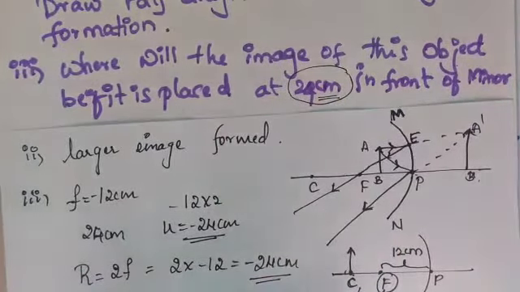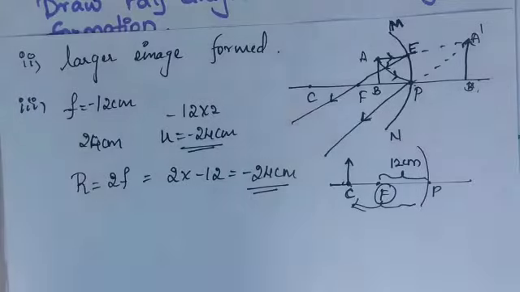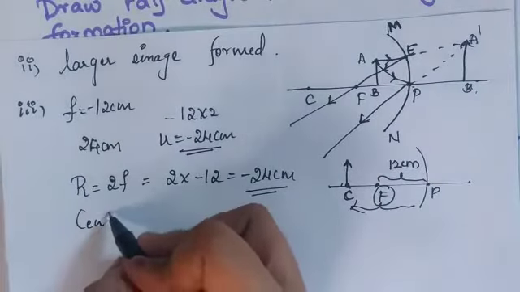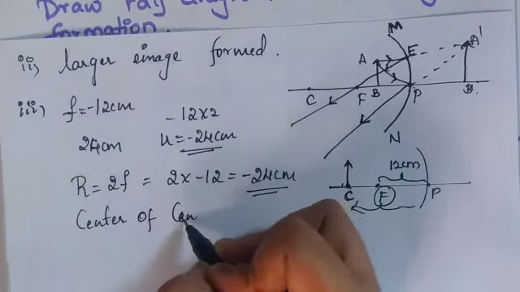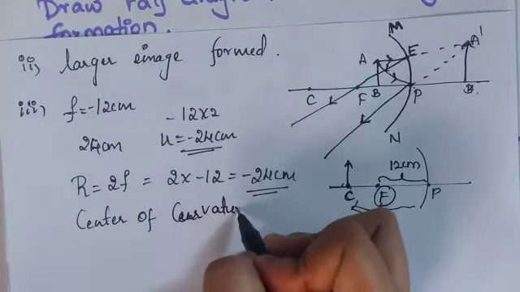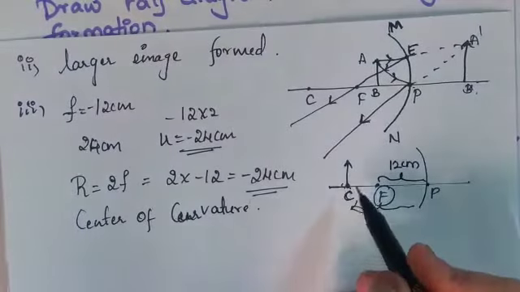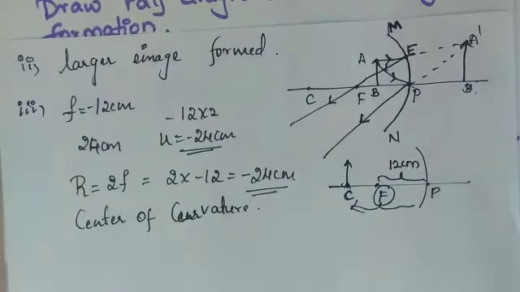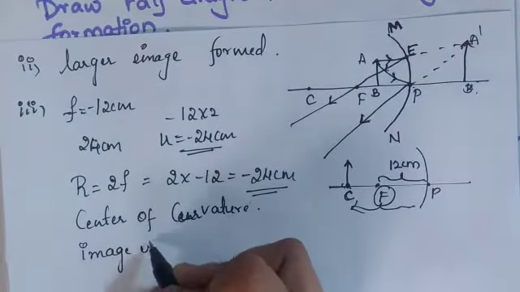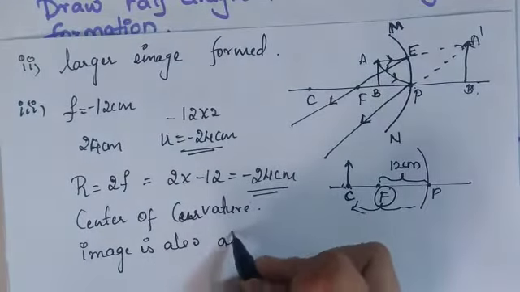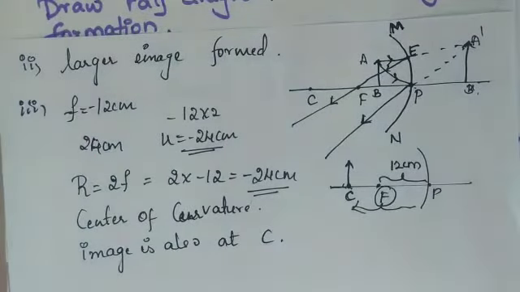And if the object is placed at the center of curvature, the image will also be formed at C. Okay, so this is the answer for the first three questions.